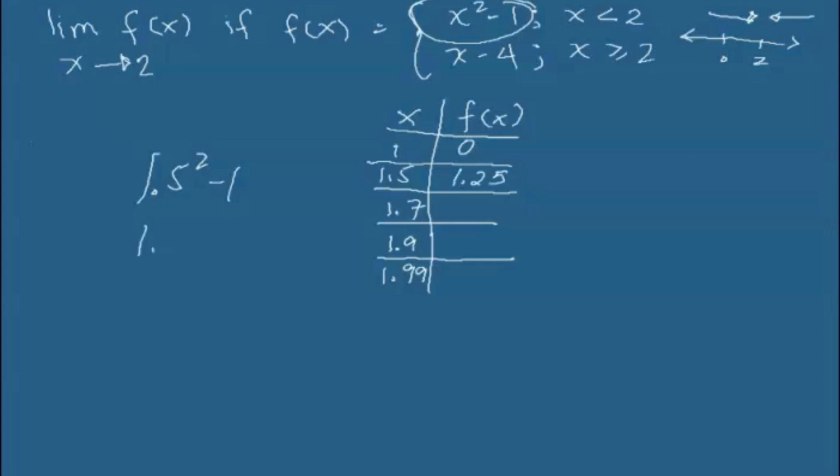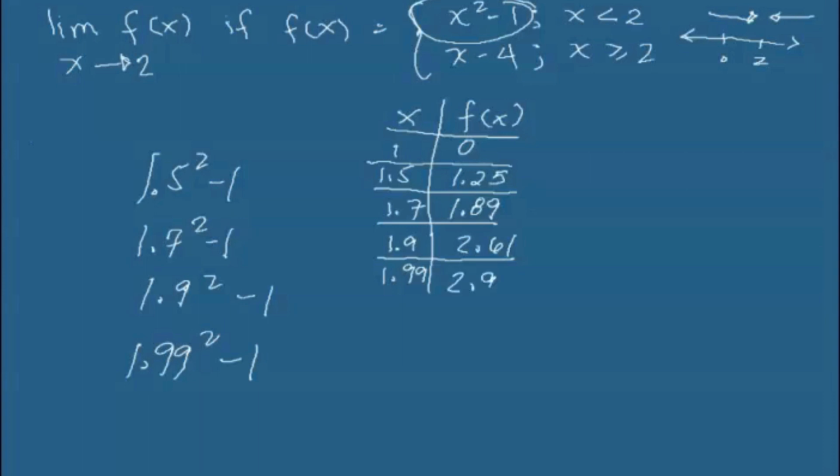If it's 1.7, so 1.7 squared minus 1, we have 1.89, and we'll do that also with 1.9 and 1.99 squared, minus 1. So for 1.9, the answer is 2.61. For 1.99, our f of x value would be 2.96.